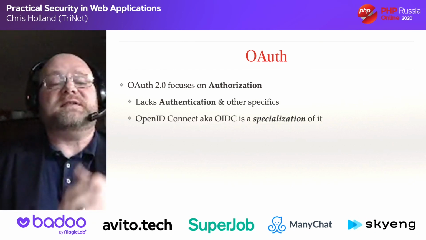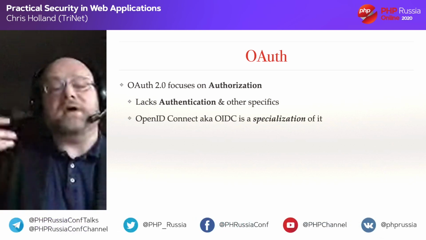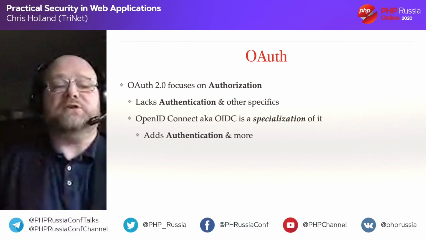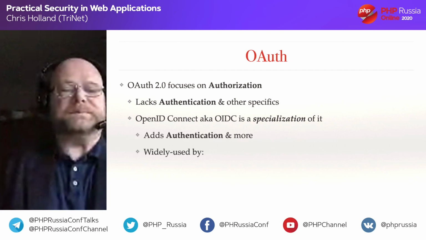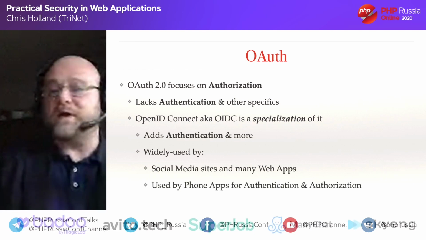So this is where OpenID Connect, also known as OIDC, came out to give you a specialization of OAuth 2 and to really focus on authentication. It's widely used by social media, web apps, phone apps.